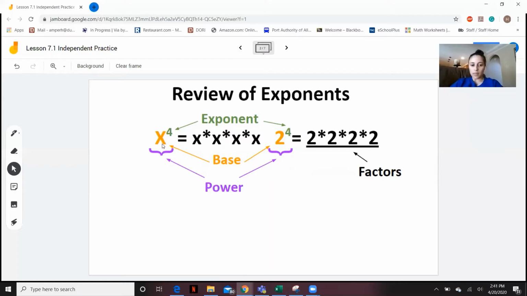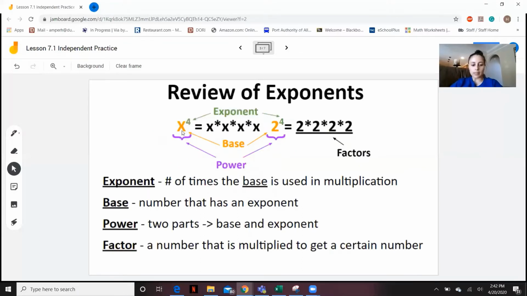So if our base here is x and the exponent is 4, then we are using x in multiplication 4 times. Same thing with 2, okay? When we say power, that is usually talking about the base and the exponent combined, but it can also be used interchangeably with the word exponent. So that is what this slide is summarizing.